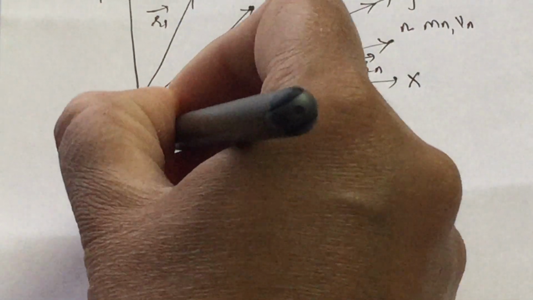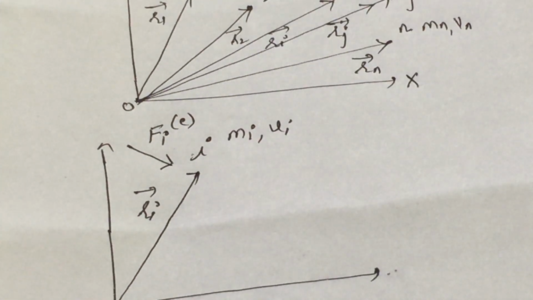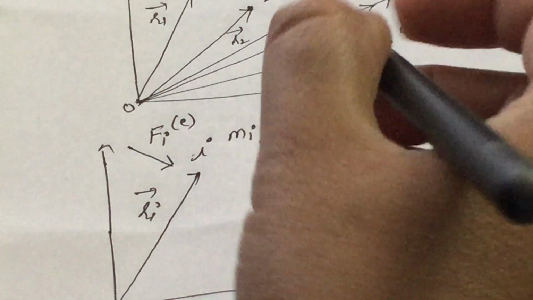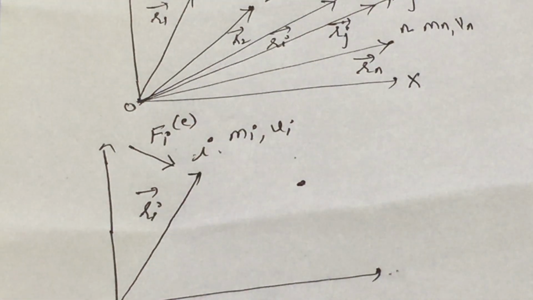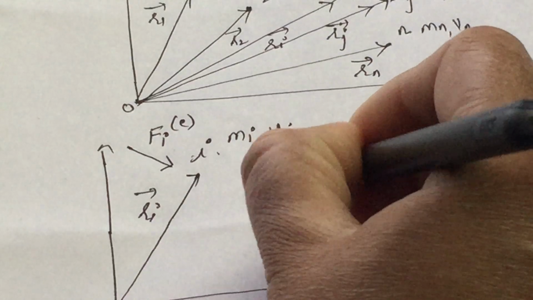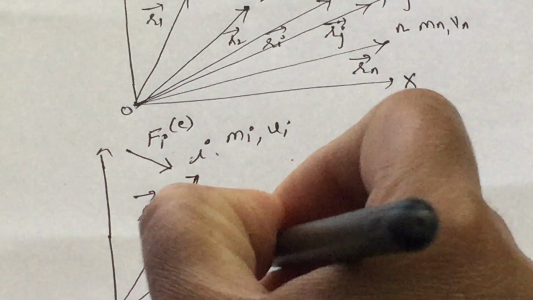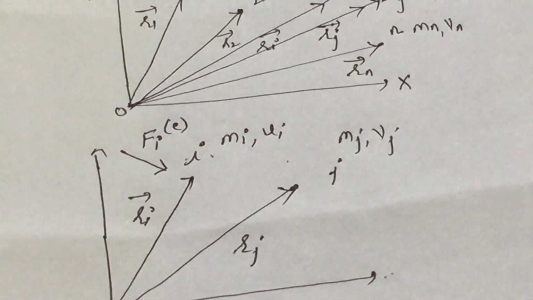This external force, any push or pull from the outside, is represented by Fi. We also know that the ith particle is attracted by other particles, and the ith particle is also attracting other particles. Let us consider the jth particle, again with position vector rj, mass mj, and velocity vj.